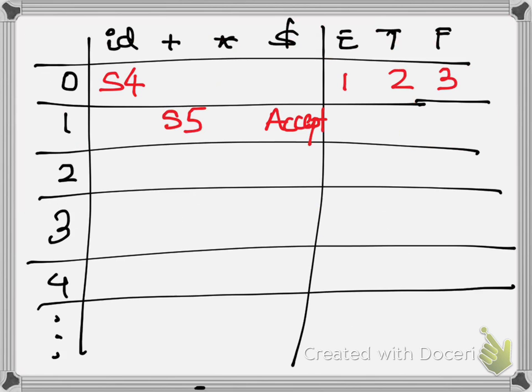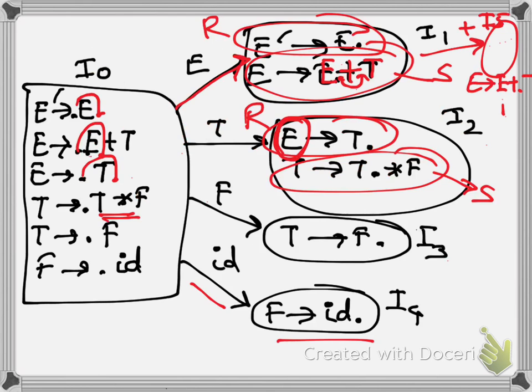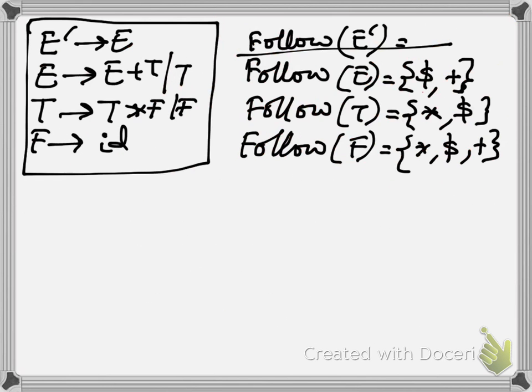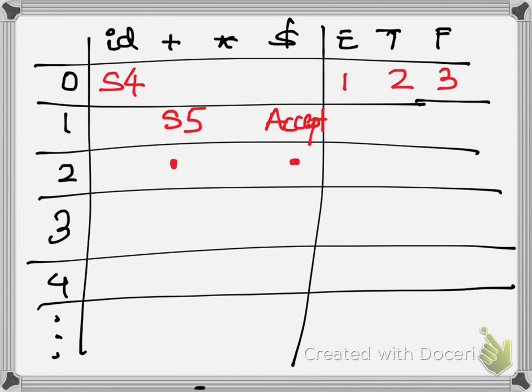So we will put reduce in plus and dollar. This is where we are going to put the reduce. Now reduce to what? This is our production number. Let's call it, this is 1, this is 2, 3, 4 and 5. So we'll say this is reduce to 2. Otherwise we would have put it in all the columns in LR0.